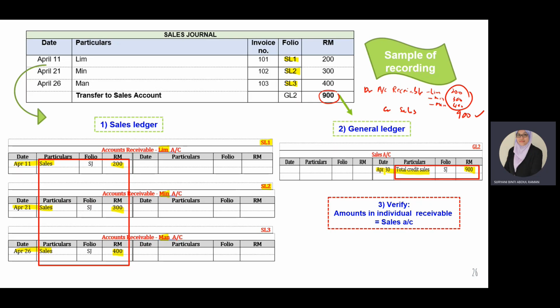Since April has 30 days, we will record it at April 30 as total credit sales. So at the end, please verify whether the amount is tied back or not. Debit side is 900, credit side is 900. Therefore, we assume that the recording is correct.